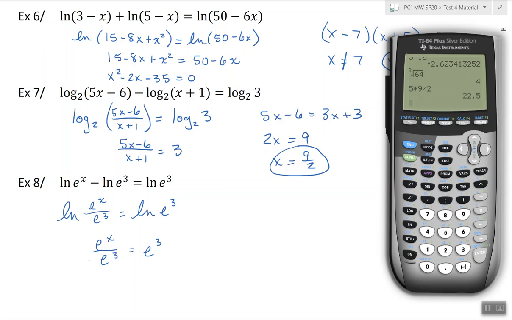If I multiply both sides by e cubed, then I get e to the x equals e to the 6th. And then I can equate my bases, just like when we solved exponentials. E to the x equals e to the 6th, so x must equal 6. And we can see that that's going to work there. It doesn't do anything wrong with the argument. It doesn't make the argument negative or 0, so that is our answer.